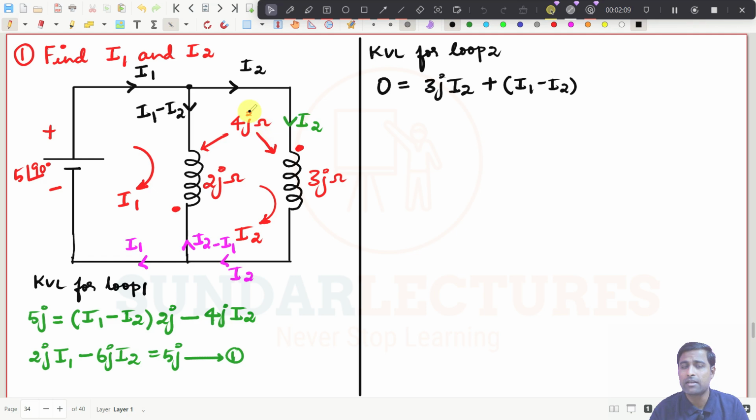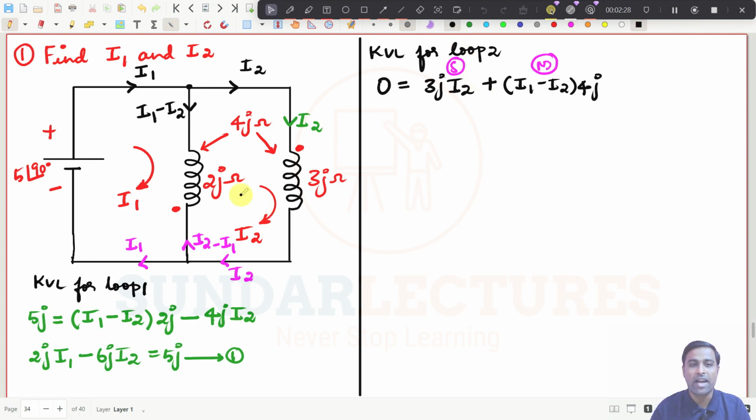And the mutual reactance is 4J. So this is the self-induced EMF, and this is the mutually induced EMF for this particular 3J ohms coil.